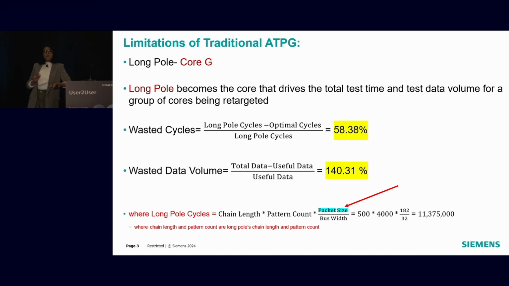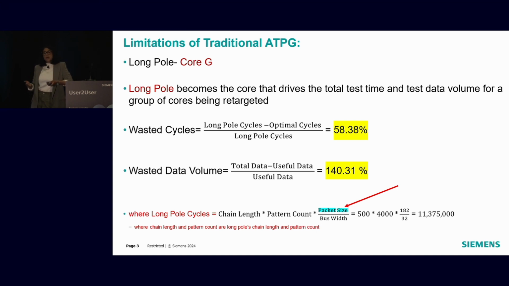Now, I want you to focus a little bit more on the bottom expression of this slide, where I'm talking about how the long pole cycles are really calculated, right? We talked about the test time for any core being a simple expression: channel length multiplied by pattern count, right? Now, bus width is another factor that gets introduced in the picture, because if your packet size is 182, how many bits you are going to be delivering to your design is really dependent on what your bus width is.